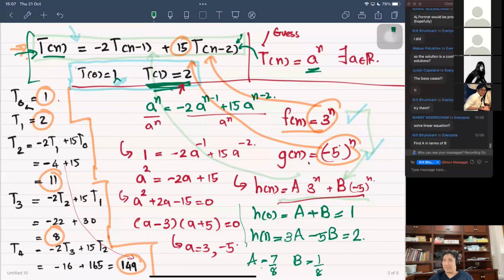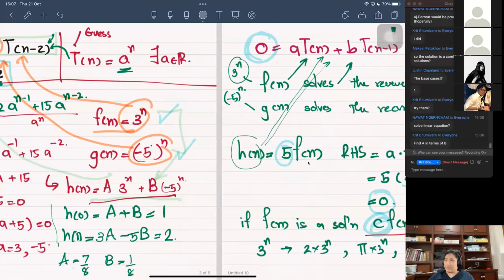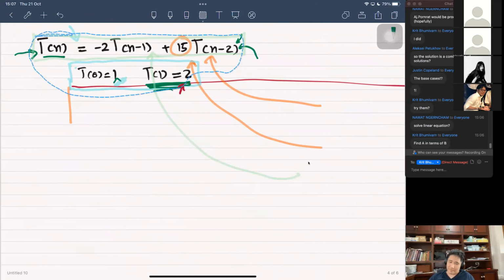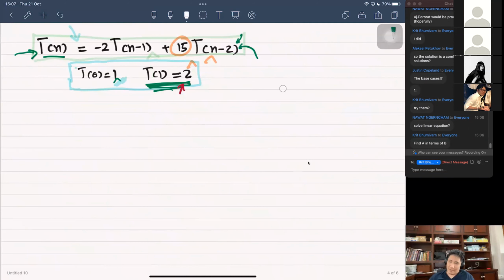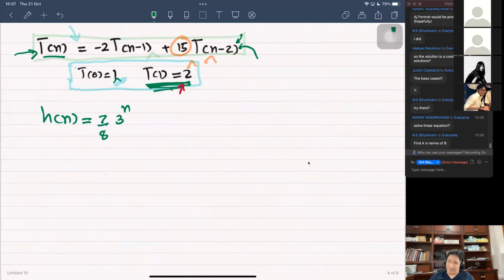Let me copy this, and add the page right next to it before I screw things up. Which means your guess for the solution is h of n equals 7/8 times 3 to the n plus 1/8 times minus 5 to the n.